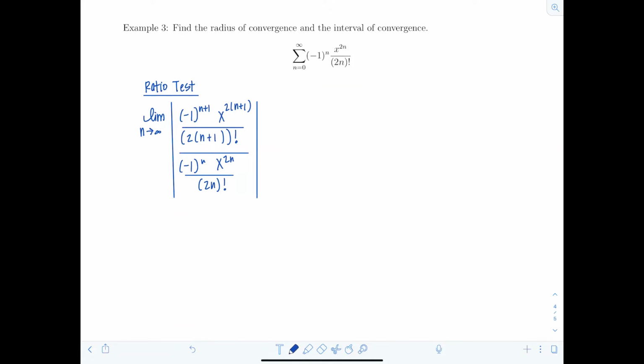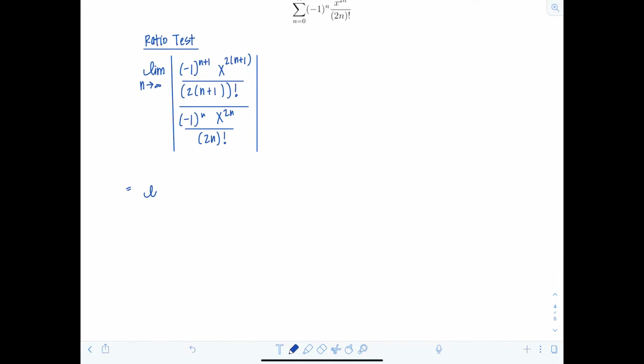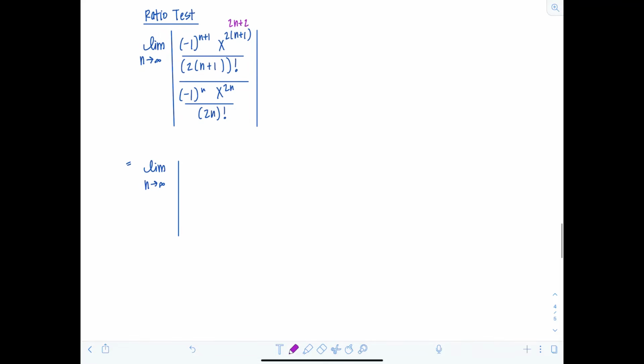Okay, now we have to clean up with some care. So this is going to be the limit as n approaches infinity. Now negative 1 to the n plus 1 over negative 1 to the n, that's all gone. Up here, let's look. This is going to be 2n plus 2, right? If I distributed the 2, so I can rewrite that as x to the 2n times x squared.